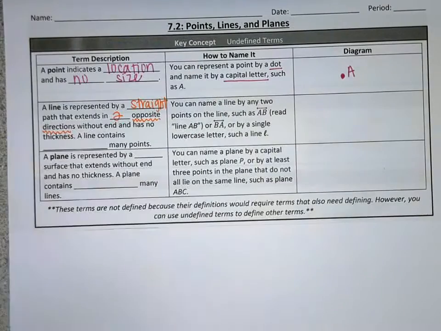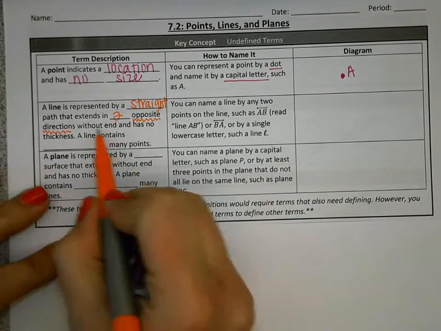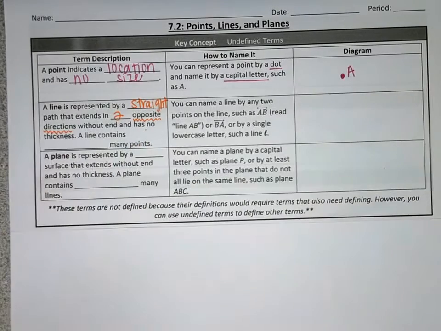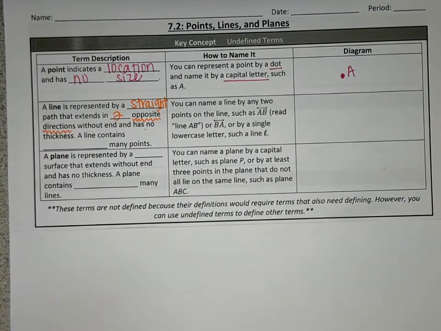So meaning they go in two opposite directions straight, without end, and have no thickness. So same thing. Lines go on forever and ever. That's why we draw arrows at the ends of them. Lines also have no thickness. So drawing a really, really thin line or making the line thicker does not make a difference. It's still the exact same line. So we don't measure thickness on lines.